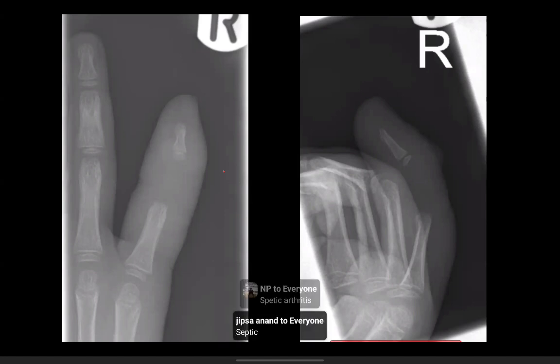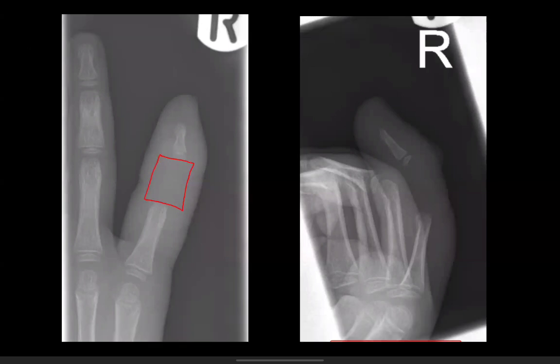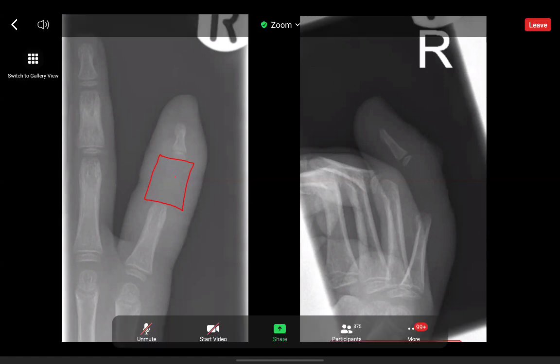So this actually did turn out to be MRSA osteomyelitis that has destroyed the entire middle phalanx of the 5th digit of the right hand. And when they went to theatre, this phalanx had all been completely replaced with pus, and Staphylococcus aureus was the organism in the end. Very unusual to progress so quickly.